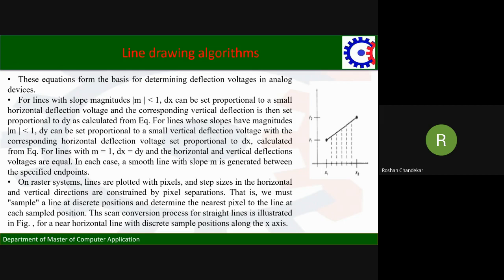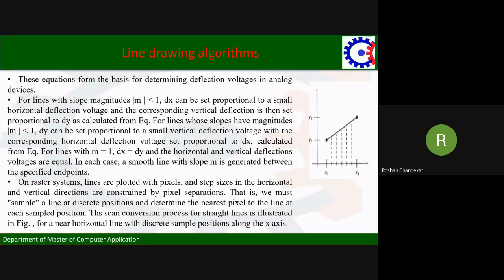Hence the delta x can be set proportional to a small horizontal deflection, corresponding to the vertical deflection set proportional to the delta y, as we have calculated from the above equation.